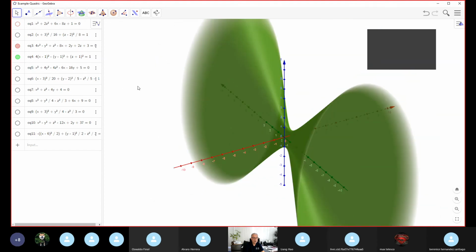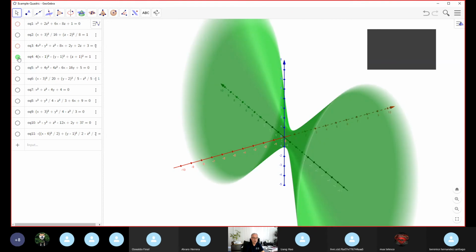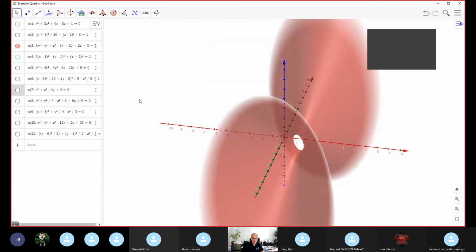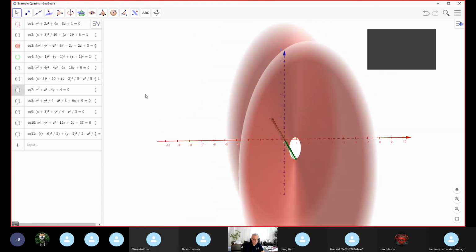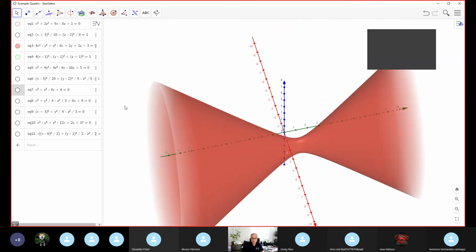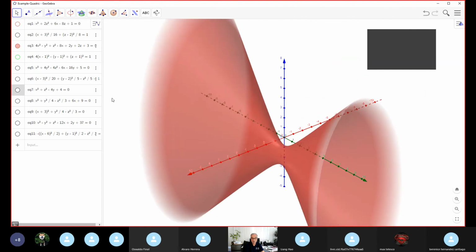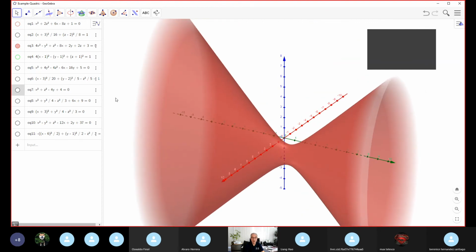It's the same. Let me flash it. Green and red. Do you see? And the center is the point you determined, 1, -1. More clear or no? Answer me, please. Okay.